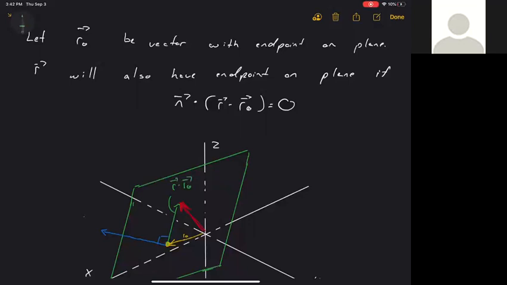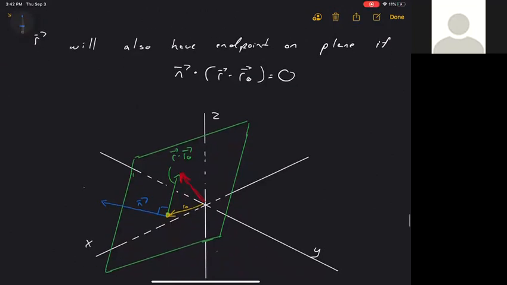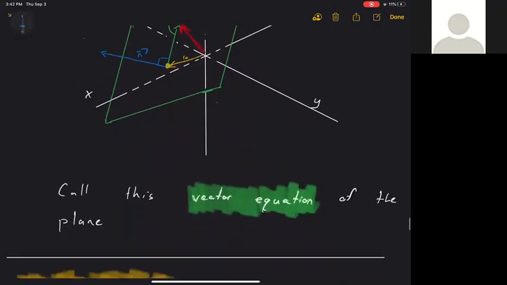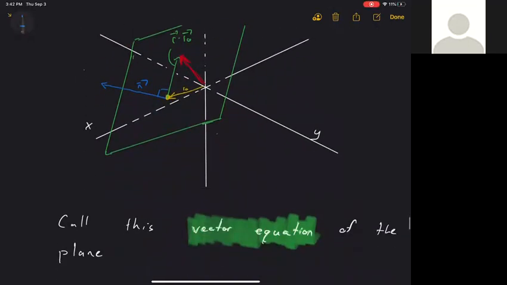Since that vector is inside the plane, we expect it to be orthogonal to the normal vector n. So we expect r minus r0 to be orthogonal to n, so their dot product should be 0. So I should have this equation satisfied. We call that the vector equation of the plane.